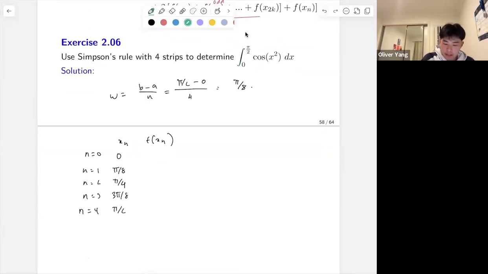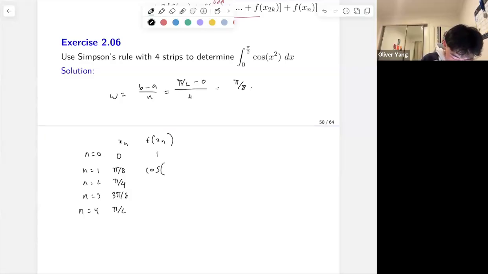Then we just sub this in to find what we want. So cos 0 is just going to be 1. For the rest of them, I think you need a calculator. Would someone like to do this in the calculator?